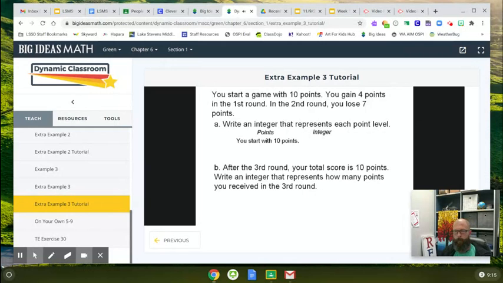The word gain means a positive integer, so the integer to represent you gain 4 points is +4. Finally, the problem tells us that you lose 7 points. The word lose indicates a negative integer. So, the integer to represent you lose 7 points is -7.